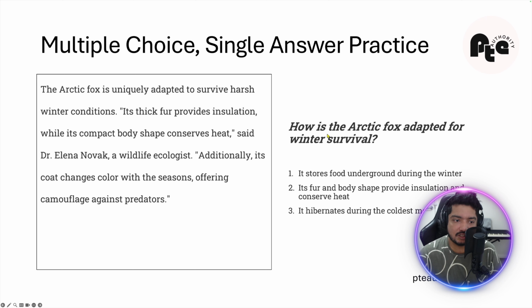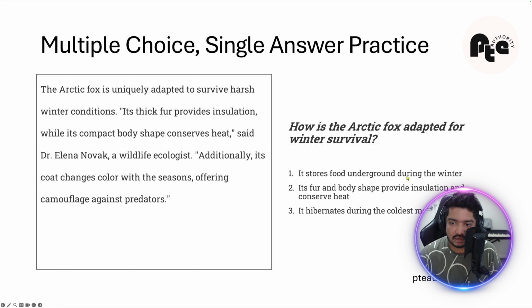The question asks how the Arctic fox adapts for winter survival, not how it protects itself against predators. So I'm going to go with the thick fur for insulation and compact body shape to conserve heat. Now let's go through the answer options.